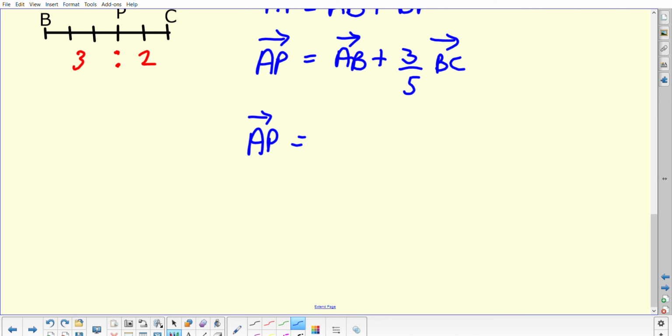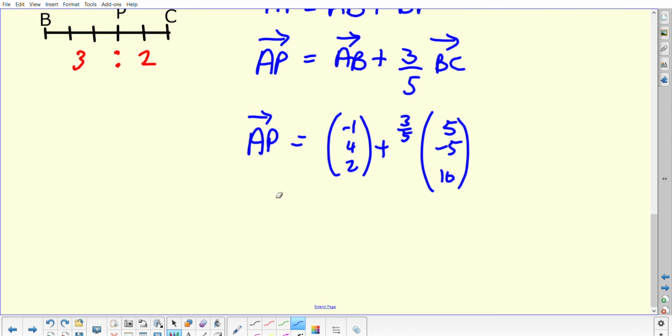So your components here, A to B, -1, 4, 2, and you've got 3/5 as your scalar at the front of 5, -5, 10, and that's going to give us A to P will therefore be equal to, we'll work out the 3/5 part.